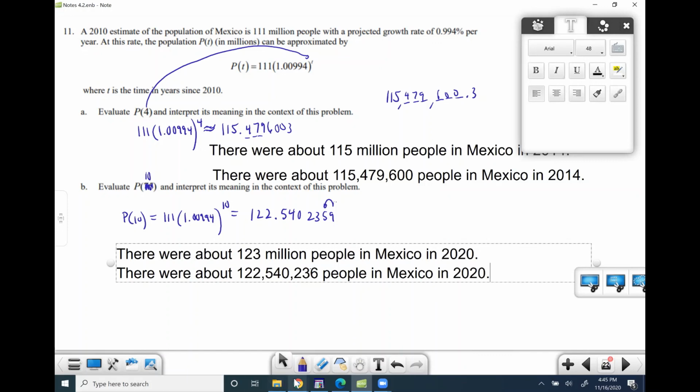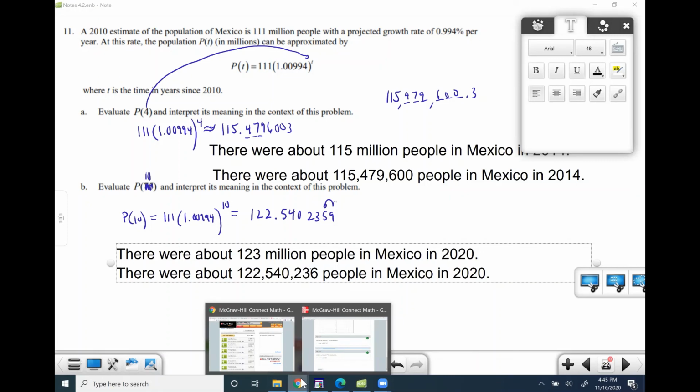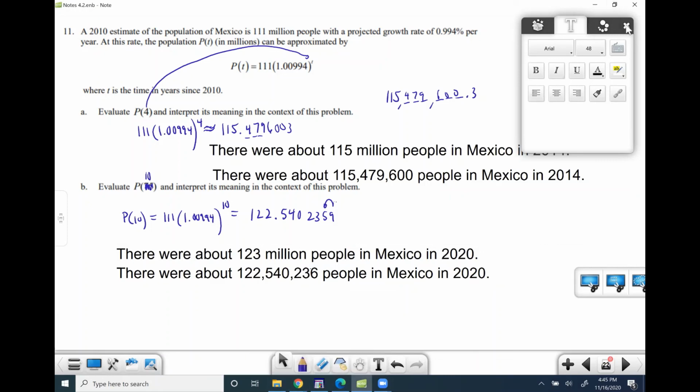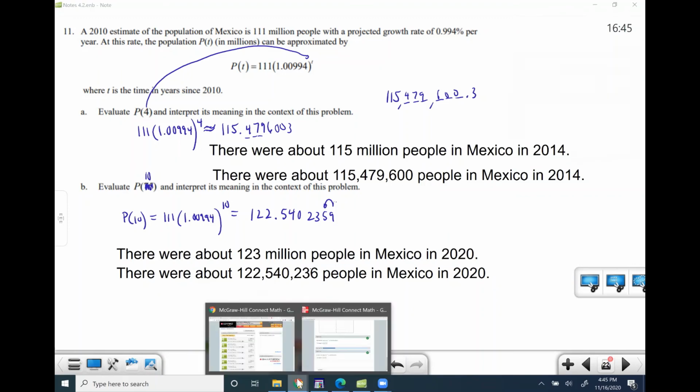Now we did have COVID happen, so I wonder if we'll be under that number. It's not a huge amount of people, but it does affect it a little bit. Let's go check and see. Let's Google it. I'm curious.